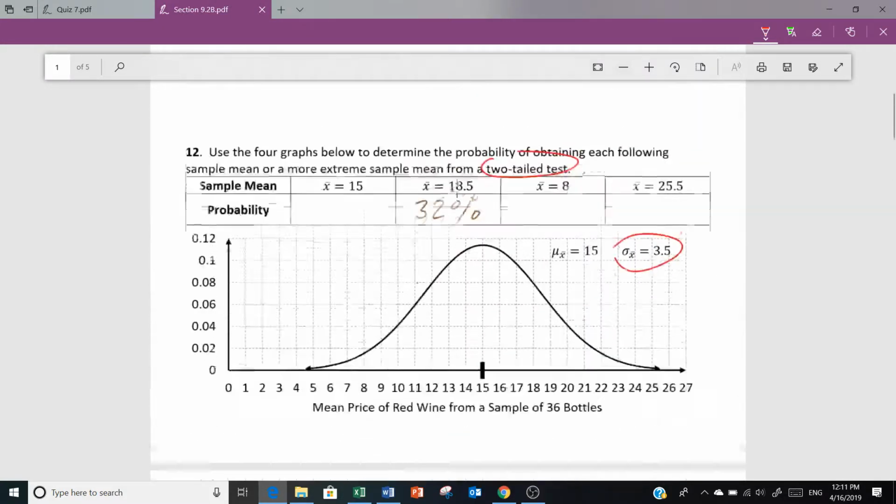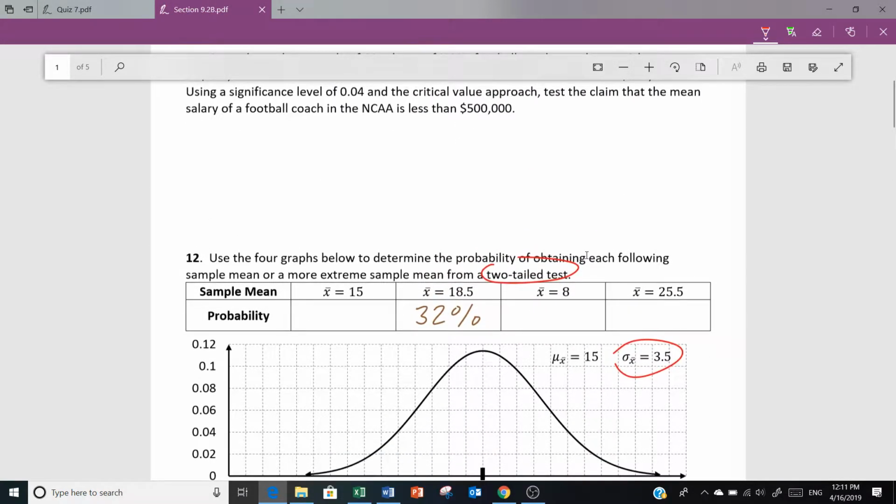So the probability of getting 8 or more extreme would be 5%. Okay, questions on how I got that value? So basically, what's happening to the probabilities as I get further from the middle? They're getting lower. Good.